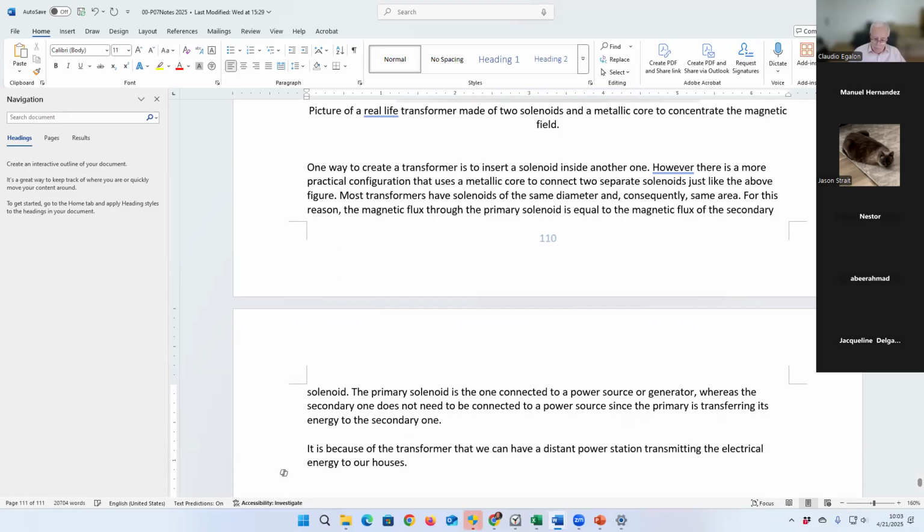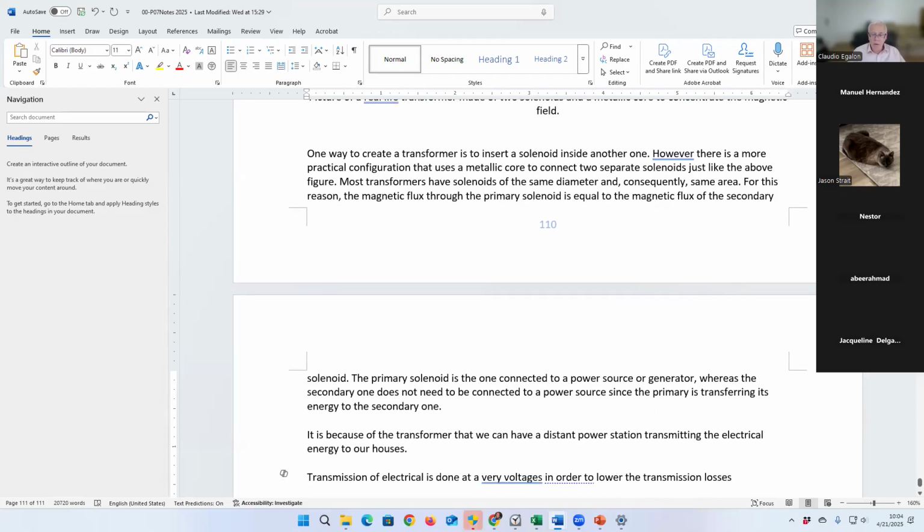Okay, transmission of electrical energy is done at a very high voltage in order to lower the transmission losses along the transmission lines.